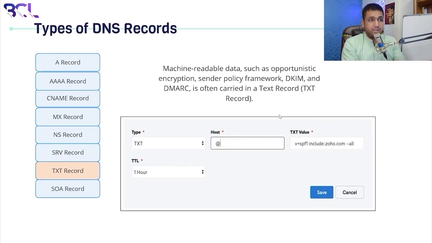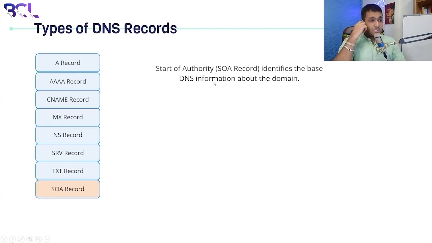TXT record is machine readable data such as opportunistic encryption, sender policy framework, DKIM or DMARC records, which are saved in or carried by TXT. SOA is start of authority. This identifies the base DNS information about the domain, basically just DNS details, nothing much.